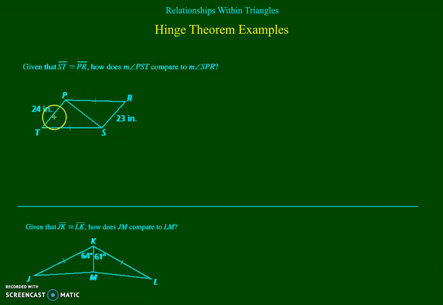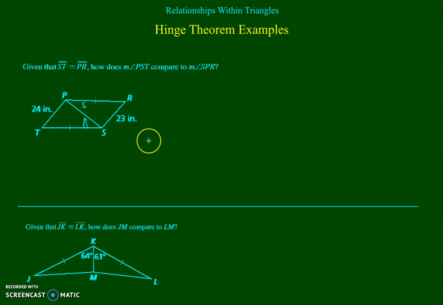The third side of one is bigger than the third side of the second, so we can say that angle PST is bigger than angle SPR. So bigger, smaller, because bigger side means bigger angle, smaller side, smaller angle.